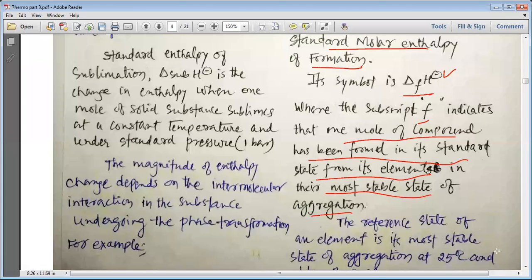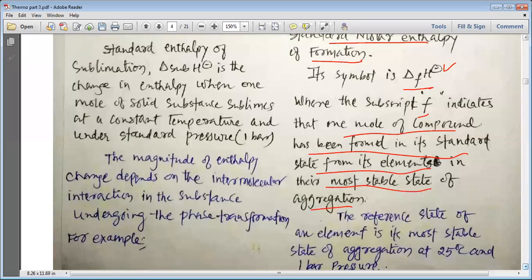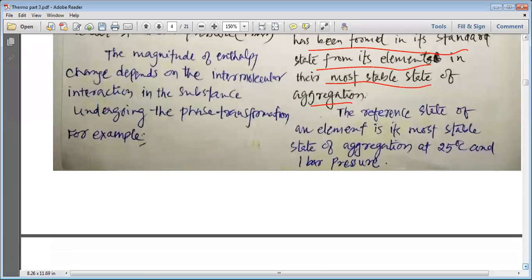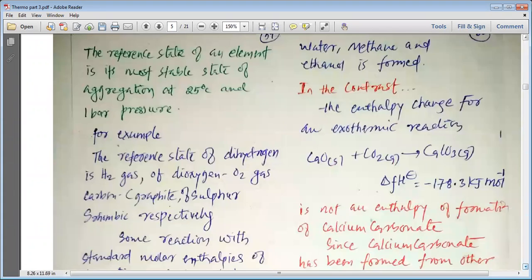So, my dear students, when some compound is formed from its elements in their most stable state, this stable state is also known as the reference state. The reference state of an element is its most stable state of aggregation at 25 degrees centigrade and 1 bar pressure.